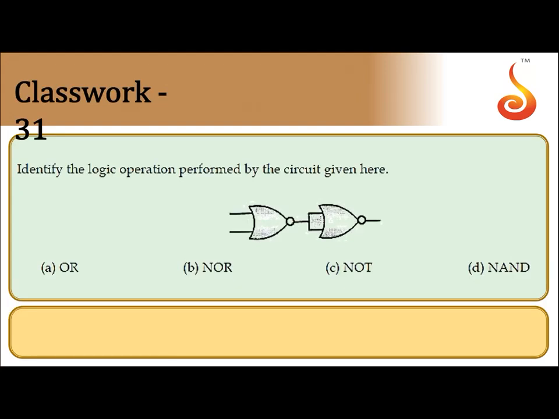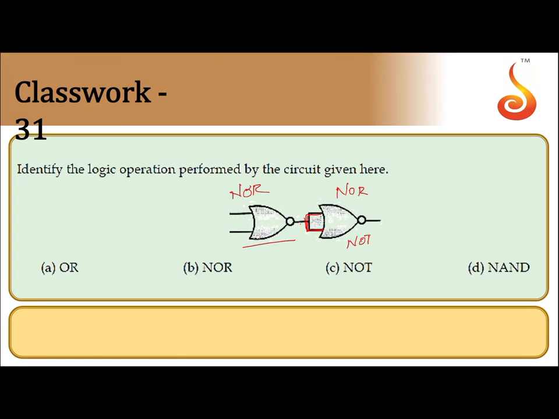Moving on to next one. Identify the logic operation performed by circuit given here. See, this is NOR gate and this is also NOR gate. When NOR gate has both the inputs shorted, then it behaves like NOT gate.